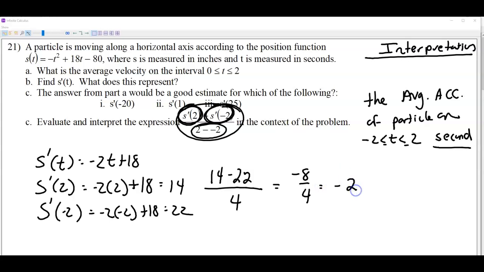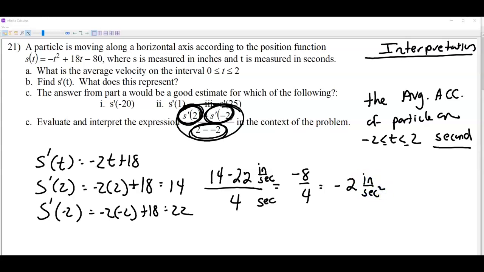And now we want to figure out the units. What are the units for this? Well, s prime is a velocity, and velocity is going to be in inches per second. The bottom numbers are time values, so those are seconds. So we have inches per second per second, which is inches per second squared.